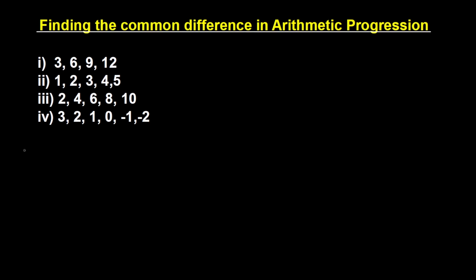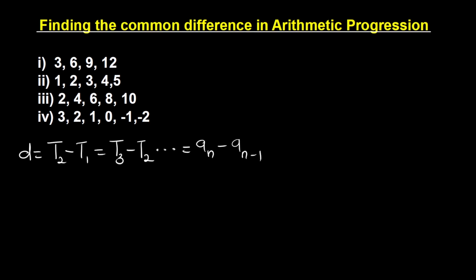We have that our common difference D is equal to T2 minus T1, which is equal to T3 minus T2, or An minus An minus 1. This is the formula we'll be deploying to find our common difference.